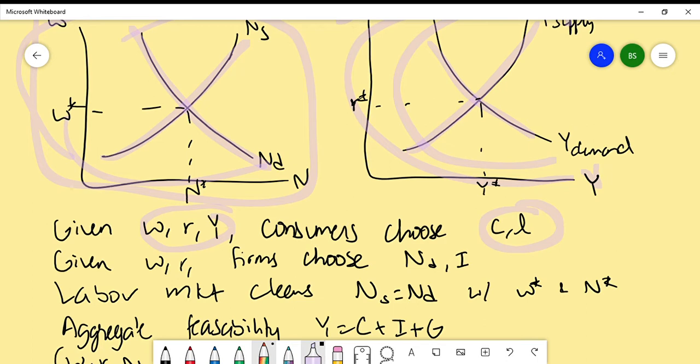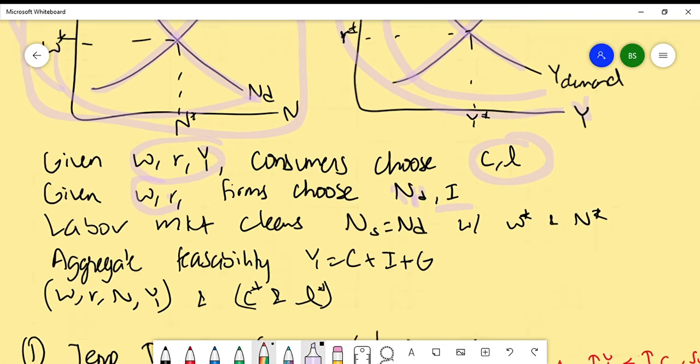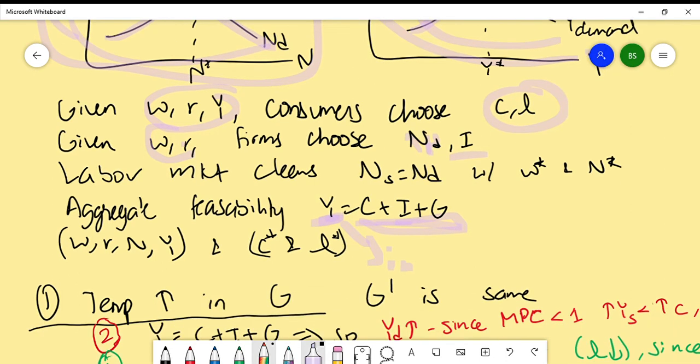Now the labor market clears when NS equals ND, given a wage and an N. Aggregate feasibility basically means, can you do all the things that you want to do, which is when Y, which in this case we're going to assume is income, not the demand, is equal to the total demand for goods. So the money that we have is equal to the total demand for the goods. Another thing is that the things that are given are W, R, and Y, and C and L.